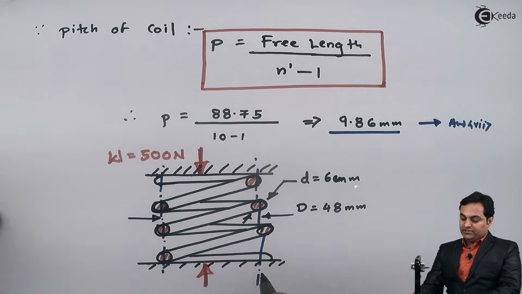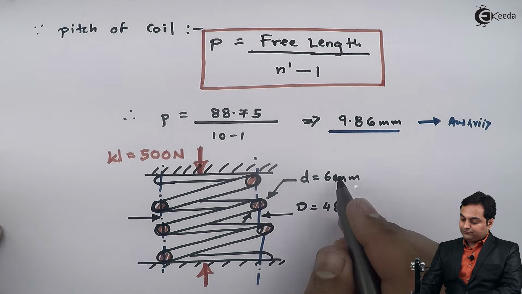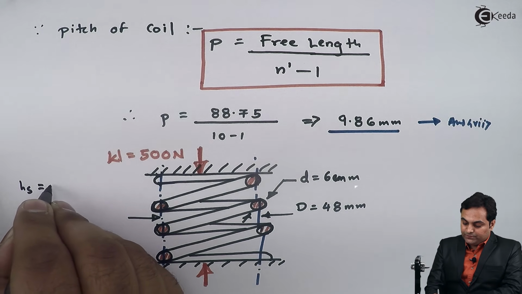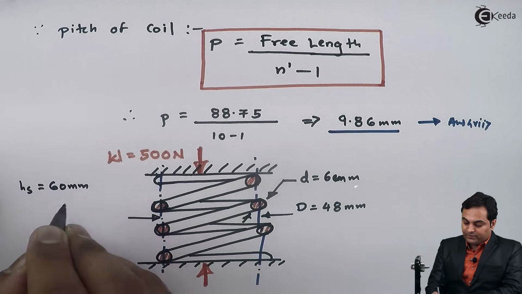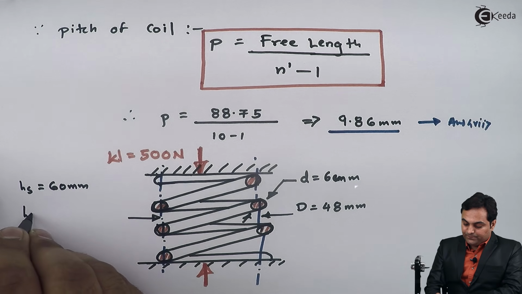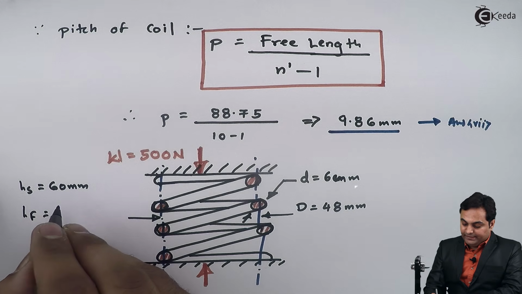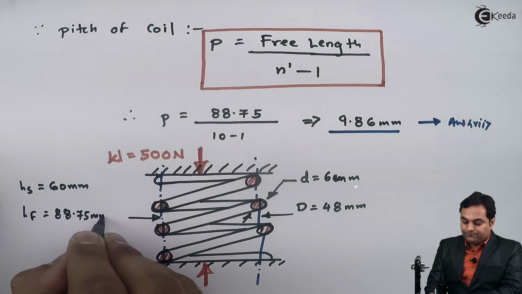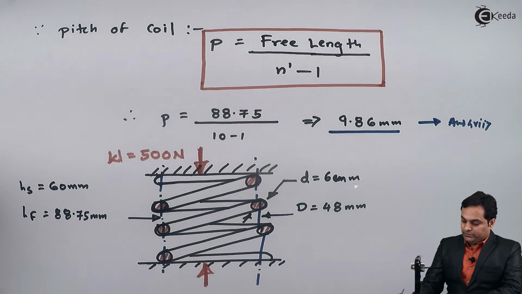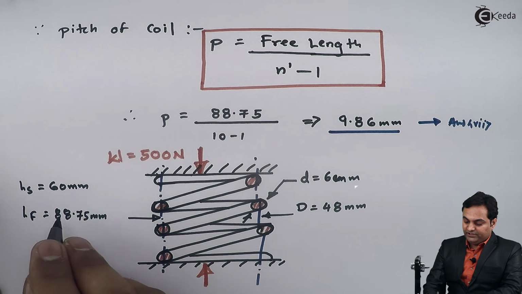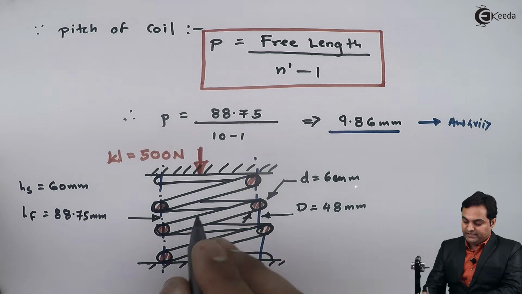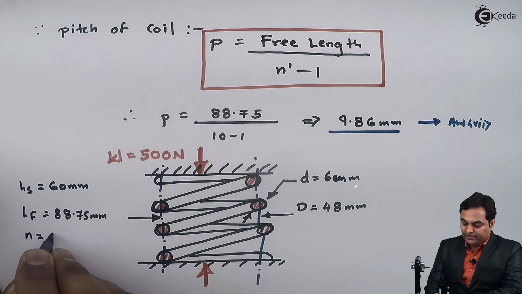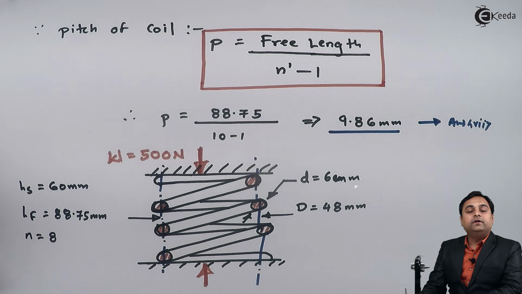Next, we calculated the solid length. Solid length was 60 mm. Free length of the spring was 88.75 mm. Then after getting solid length and free length, we calculated the number of active coils, which was n equal to 8.